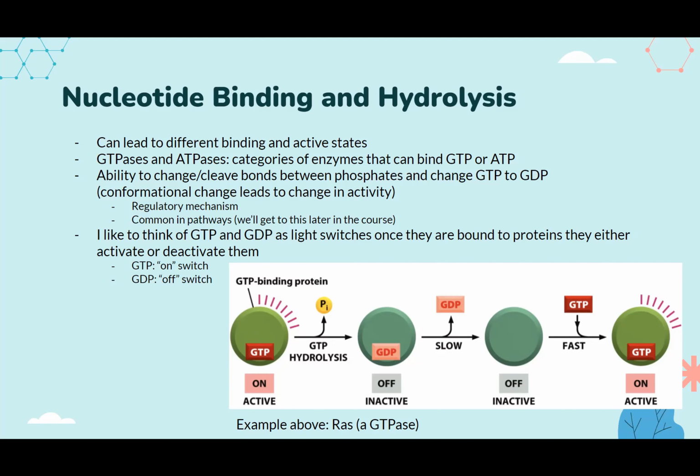So this allows them to be an on and off switch: when they're attached to GTP, they're switched on, and with GDP, switched off. The same thing goes with ATPases. When they're bound to ATP, they'll be on, and when they're bound to ADP, they'll be off. And this is just an example at the bottom of RAS, which you will learn about soon, which is a GTPase.